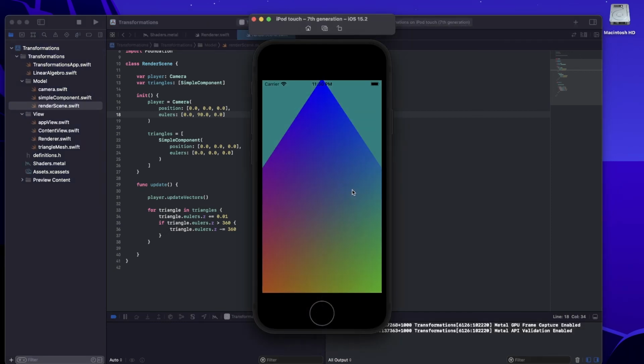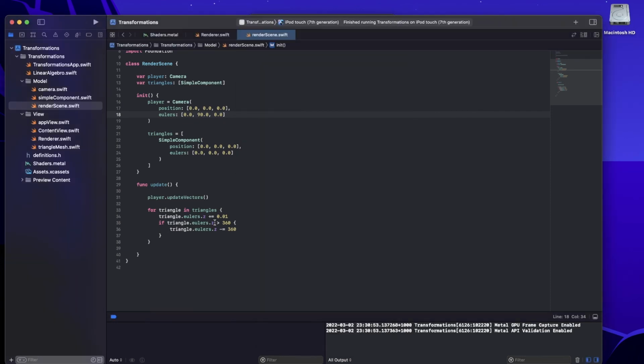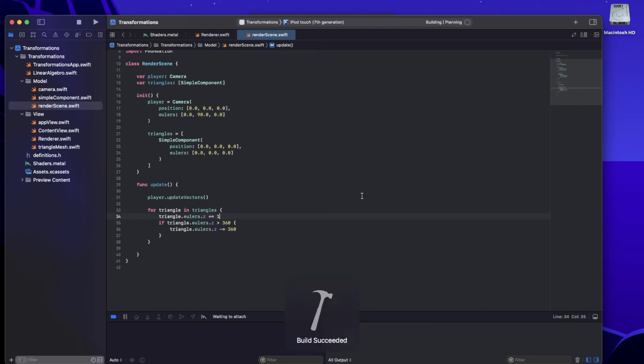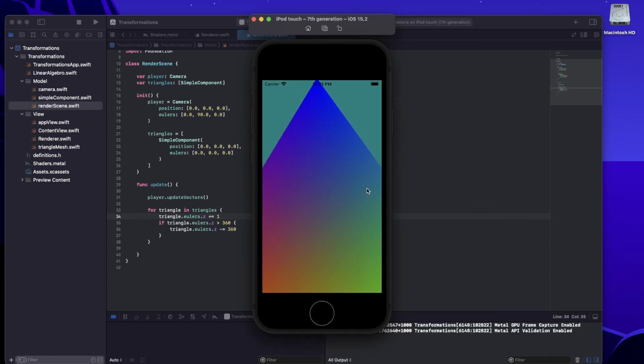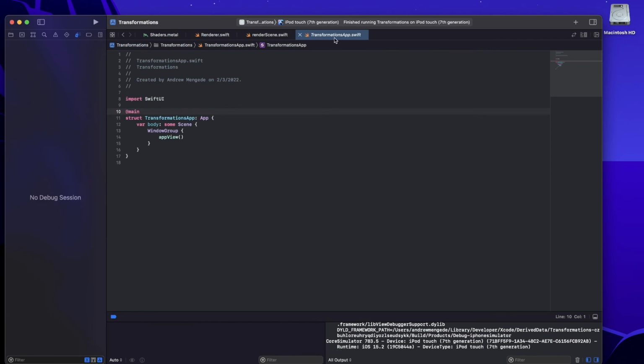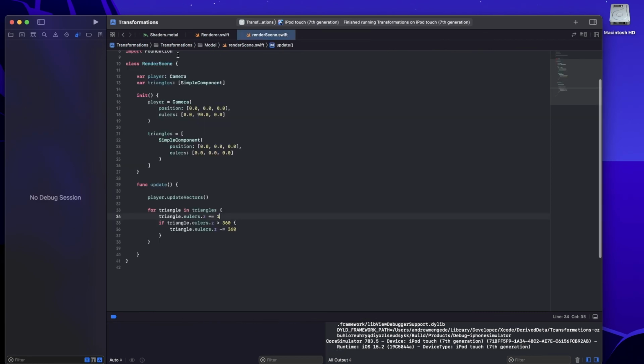We've got a triangle, but it's not spinning. Even if we set this to something really big, it kind of spins a little bit, which is strange, right? So yeah, it just complains if I exit the wrong way.